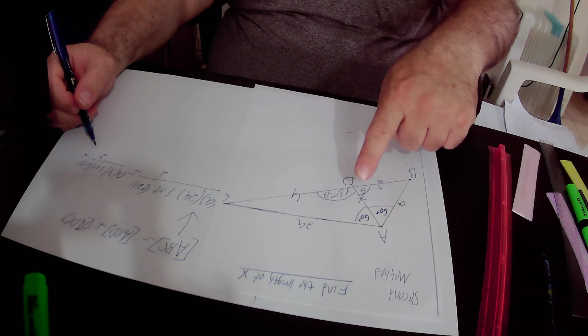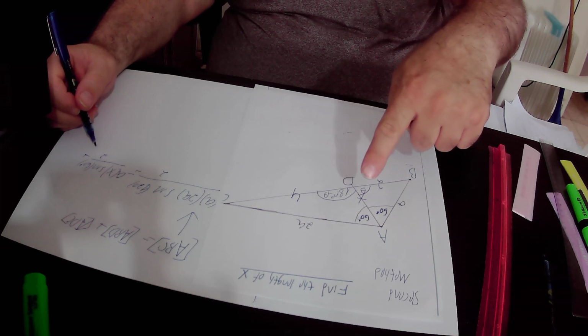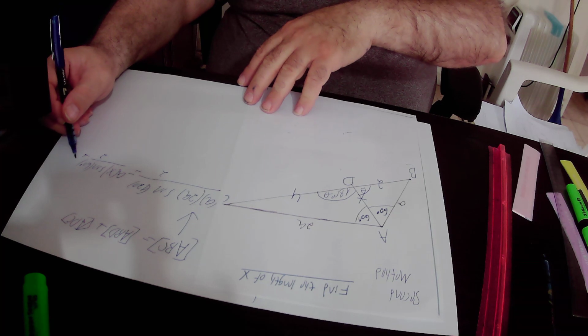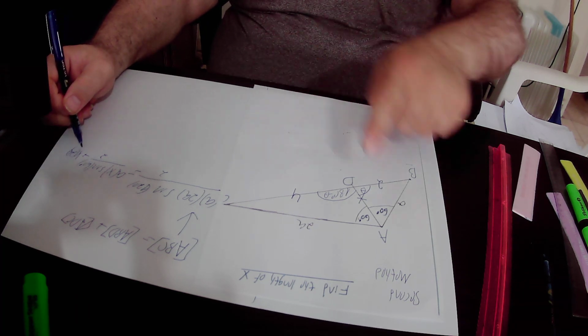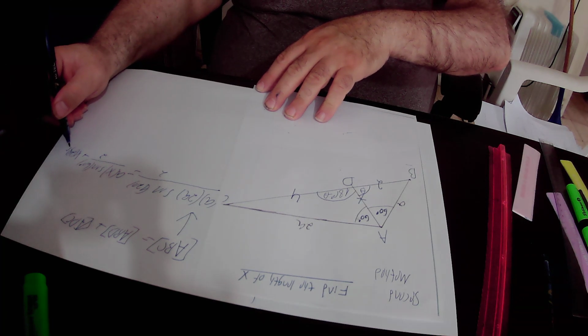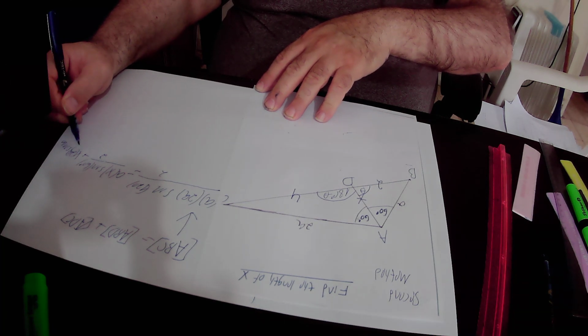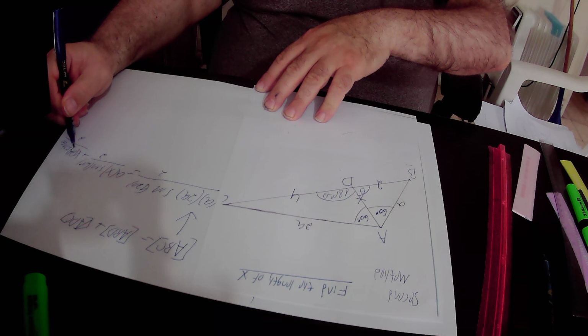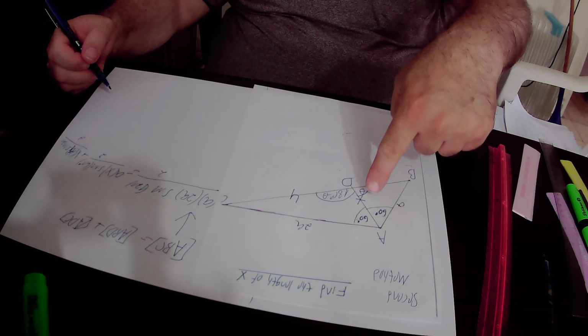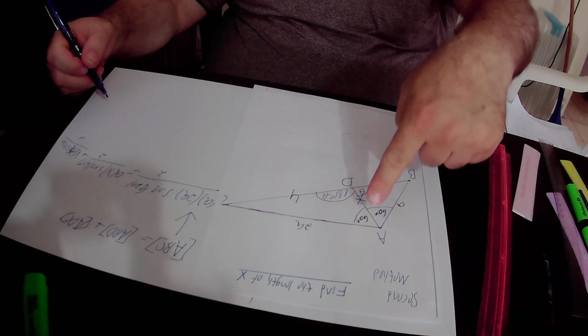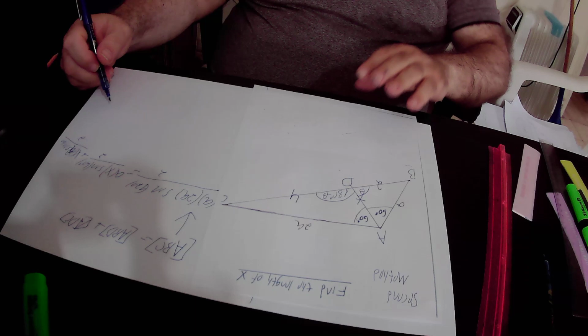The area of triangle ADC, according to the new formula, will be equal to X times 2A times sine 60 degrees over 2.